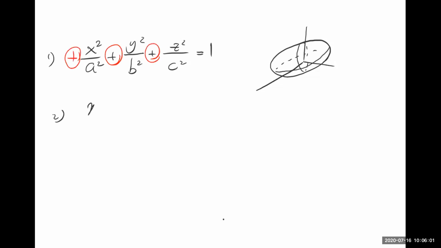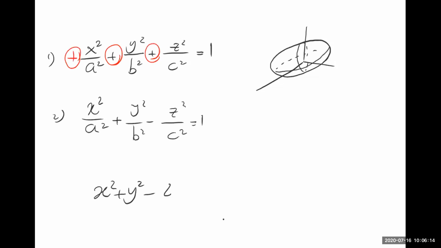What would we get if we look at x squared over a squared plus y squared over b squared minus z squared over c squared equals 1? Let's say, what is x squared plus y squared minus z squared equals 1? What is the geometric object this equation represents in three-dimensional space?